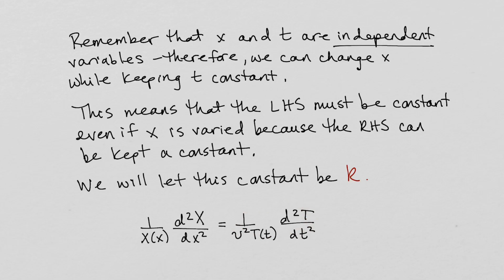So remember, we can keep t constant while changing x. Okay, so what that allows us to do is to set both of these parts of our equation equal to a constant. And we are just going to call that constant k. So you can just say equals k. And we'll figure out what the value of k is later, but for now we're just going to call that our constant.